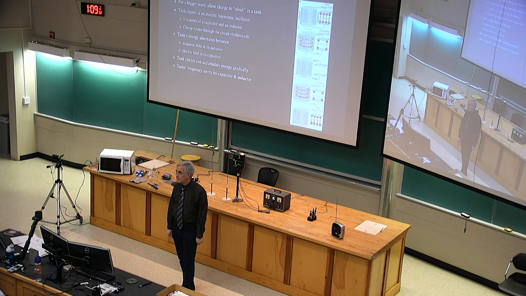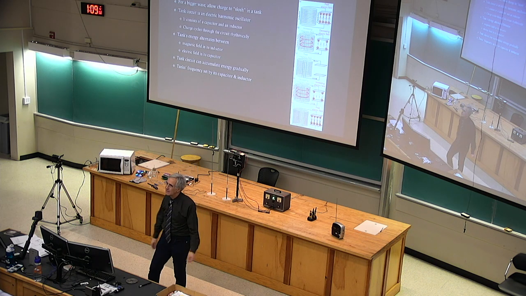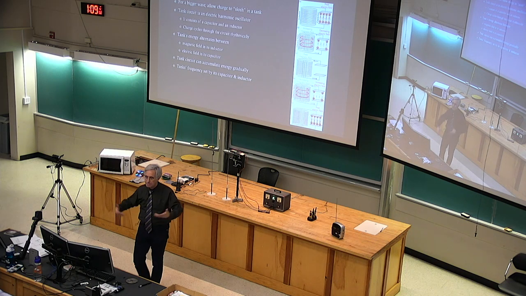Okay. So tank circuits have a frequency. The frequency is determined by the characteristics of the capacitor and the characteristics of the inductor, how many coils they have, for example, on the inductor, and on the capacitor, how big the plates are, how close they are to one another. It's stuff that doesn't matter in this class, but you can adjust it.